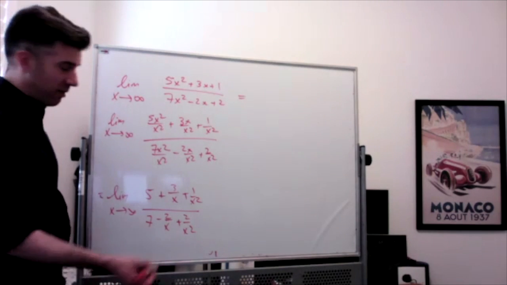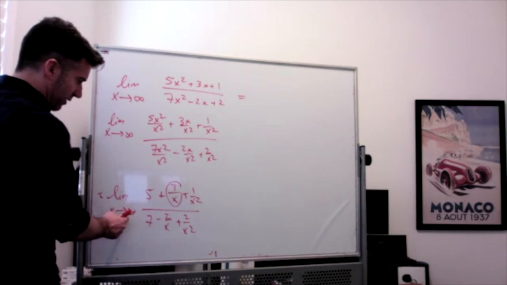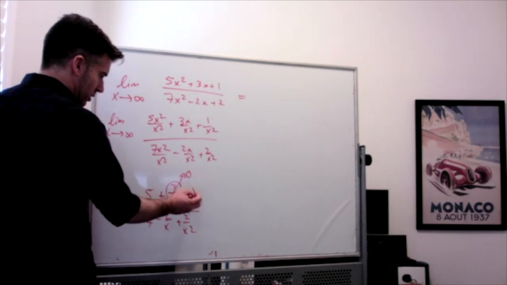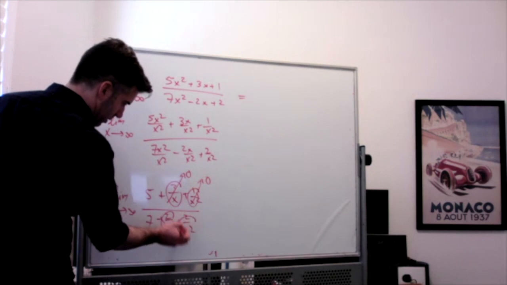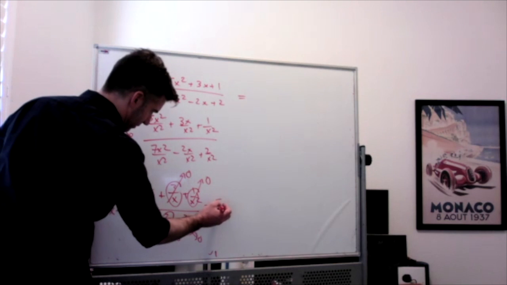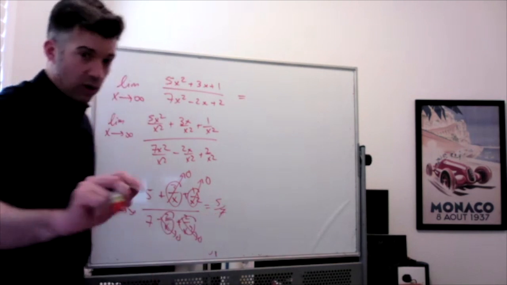But anything divided by x or a power of x, if x is going to infinity, is going to go super small. So you get 5/7.